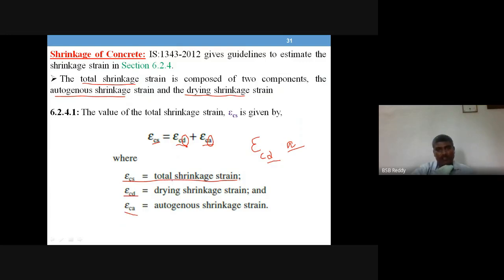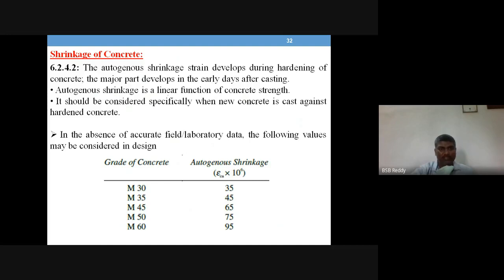Right. So how to estimate the autogenous shrinkage? I have just taken everything from the IS code, which is clause 6.2.4.2. In the absence of data, maybe field data or laboratory data, these are the values that you can straight away take for the estimation of the autogenous shrinkage, epsilon ca.